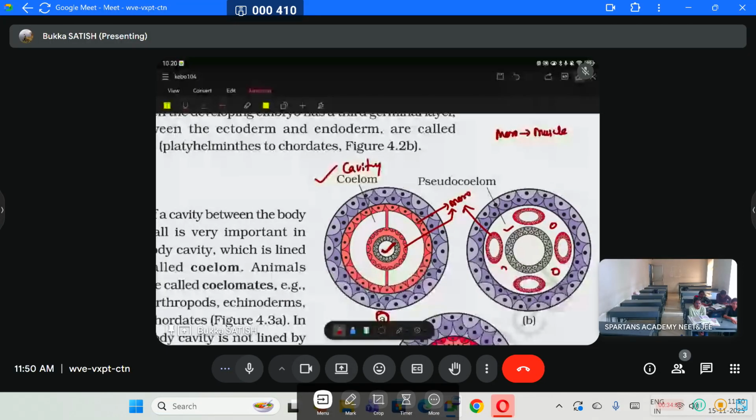Body wall also consists of muscles. Muscles are present in this as well as in this. Is it clear? So, what is the advantage of having muscles in both? Independent movement. Now, the gastrointestinal tract is able to contract or relax independent of the body wall.